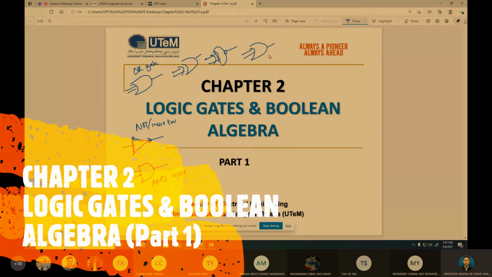The NAND gate means a combination of the AND gate and the NOT inverter, so the AND gate combined with an inverter here.